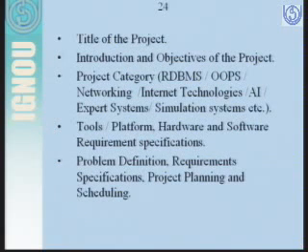First is the title of the project, introduction and objectives of the project, and project category, whether it is an RDBMS project, OOPS project, networking, internet technologies, artificial intelligence, expert systems, simulation systems, etc. Then you have to mention the tools that you are using, platform, hardware and software requirement specifications, and the problem definition, which should be well defined, like these are the things that I am about to achieve. Then requirement specification, project planning and scheduling, which is a must.